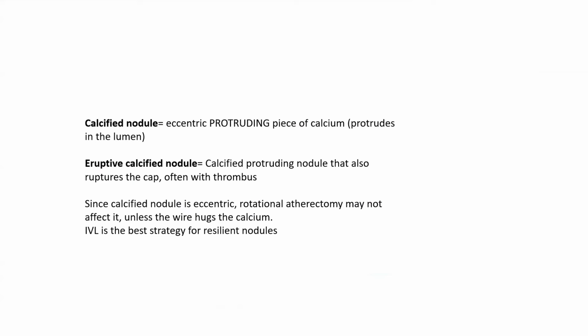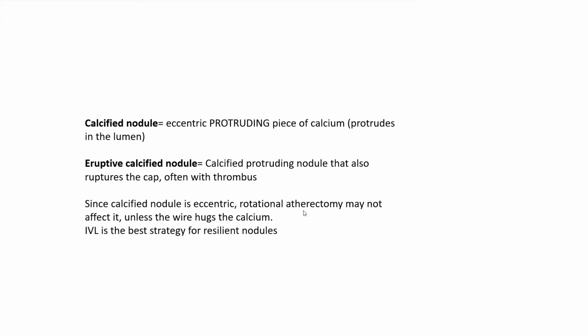And they are difficult to treat, maybe even more difficult to treat than the concentric calcium. Why? Because since the calcified nodule is eccentric, rotational atherectomy may not affect it. It may rotate away from it unless the rotational atherectomy wire is hugging that calcium, has a wire bias that is touching the calcium.